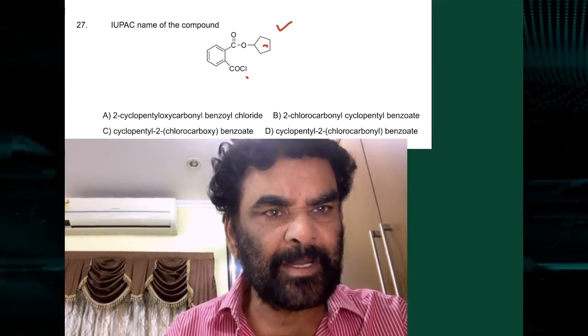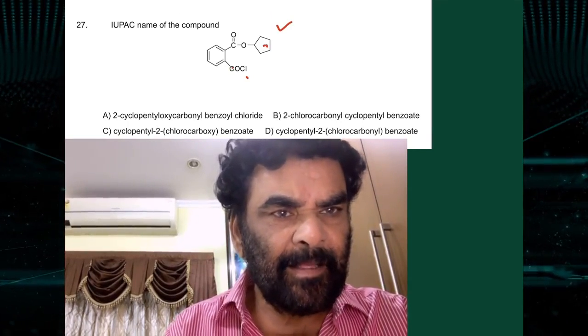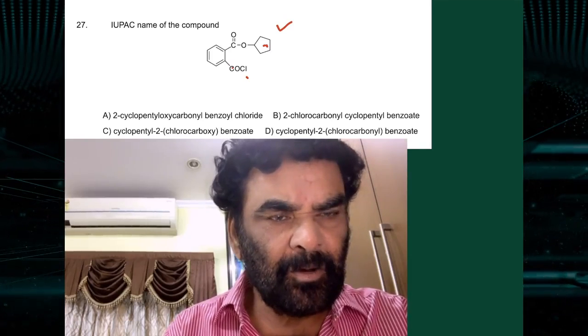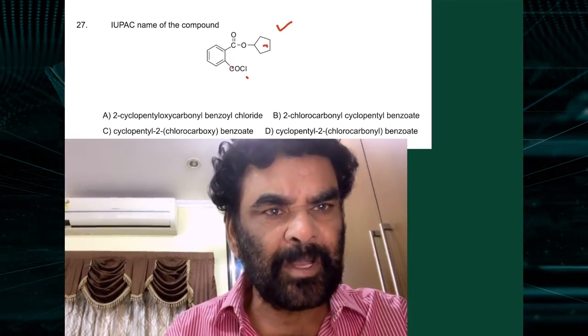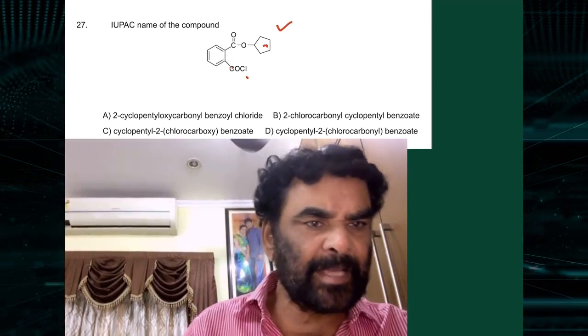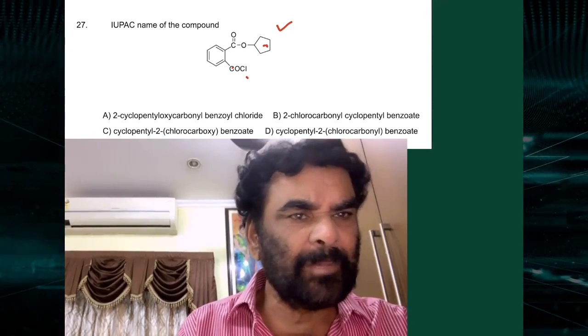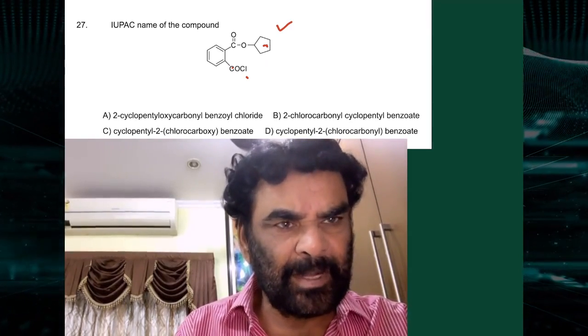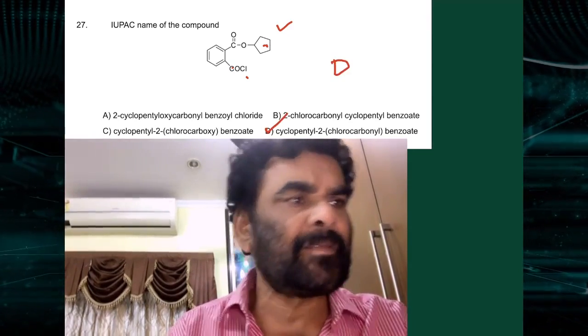Some substituent is there at 2. What is there? That is the chlorocarbonyl. Cyclohexyl 2-chlorocarbonyl benzoate. Cyclopentyl 2-chlorocarbonyl benzoate. It's a cyclopentyl group. D is correct.